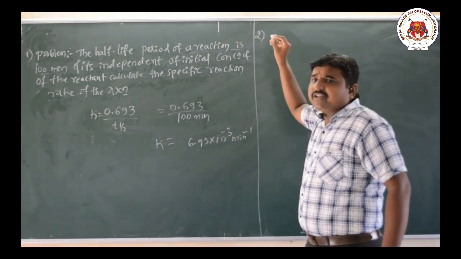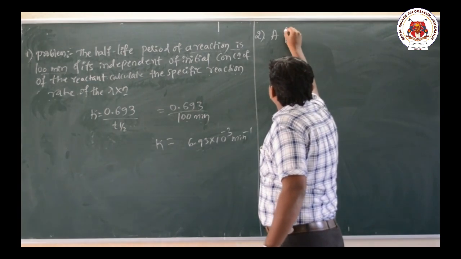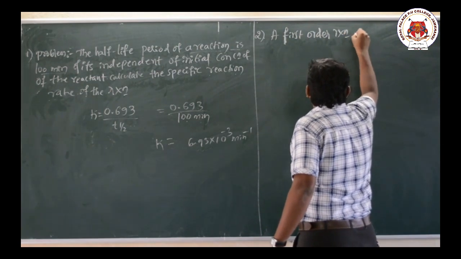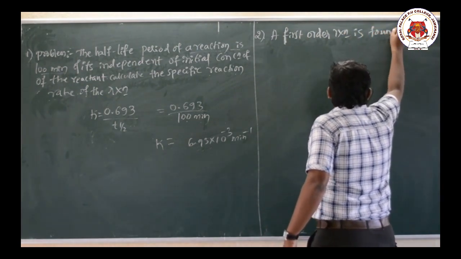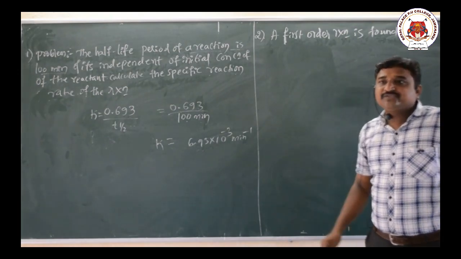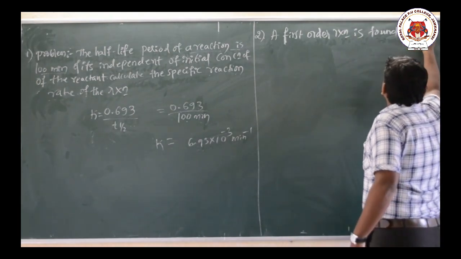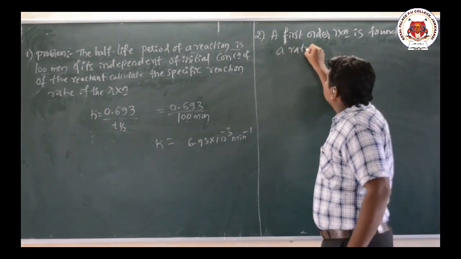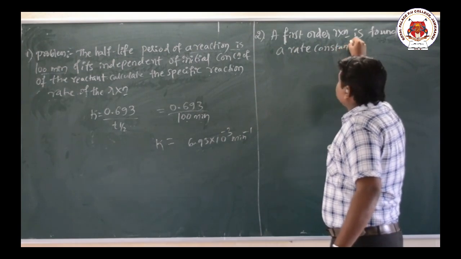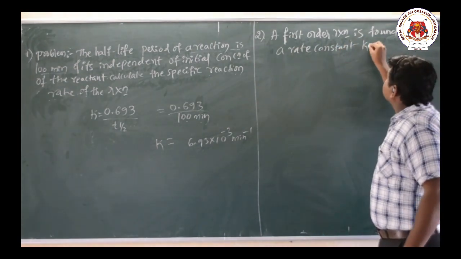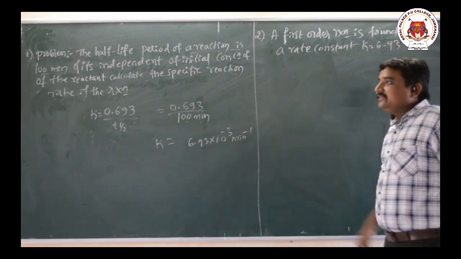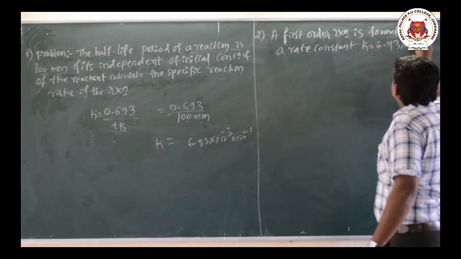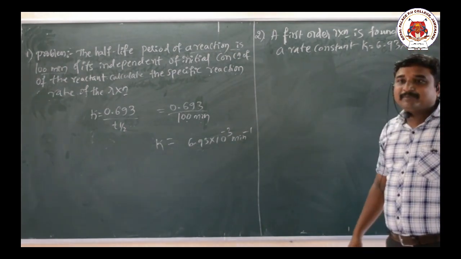Okay. Second problem: a first order reaction is found to have a rate constant K equal to 6.93 × 10^-3 per second.